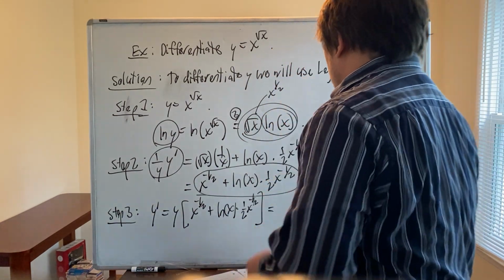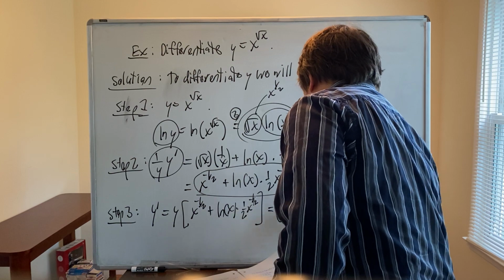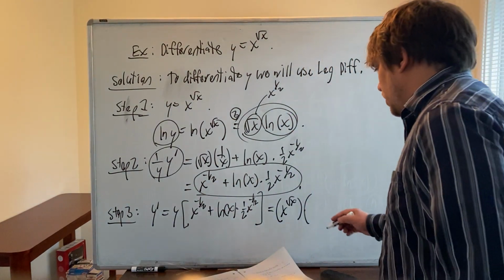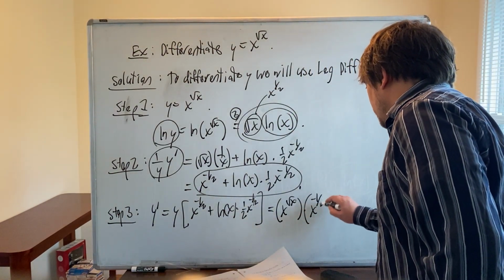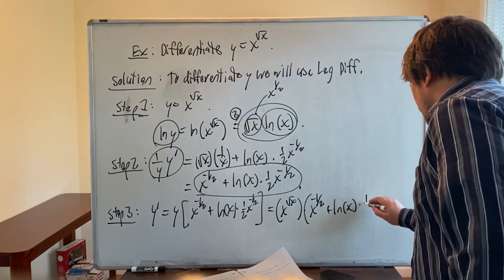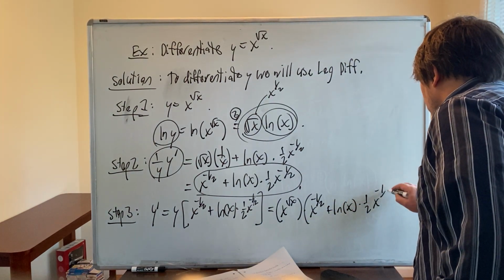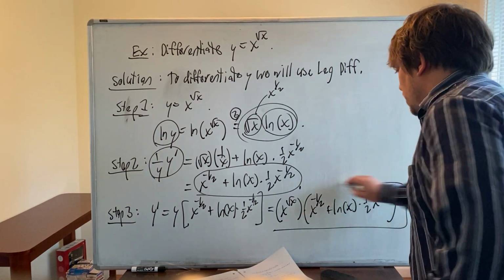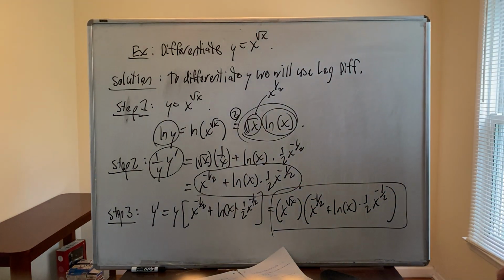Okay, that's y, times x to the negative 1/2 plus ln of x times 1/2 x to the negative 1/2. Okay, and that is the answer. That's y prime. That's differentiating y equals x to the square root of x. Y prime is equal to that.